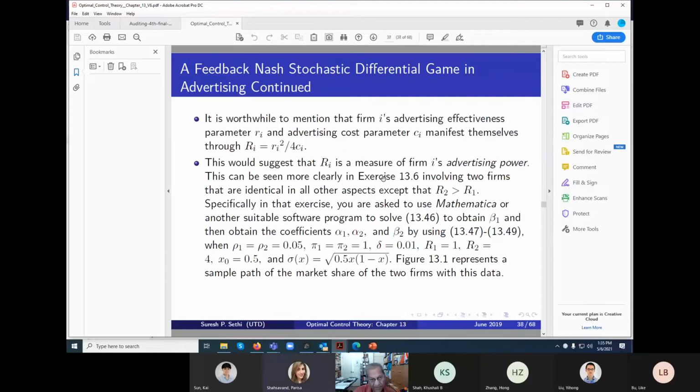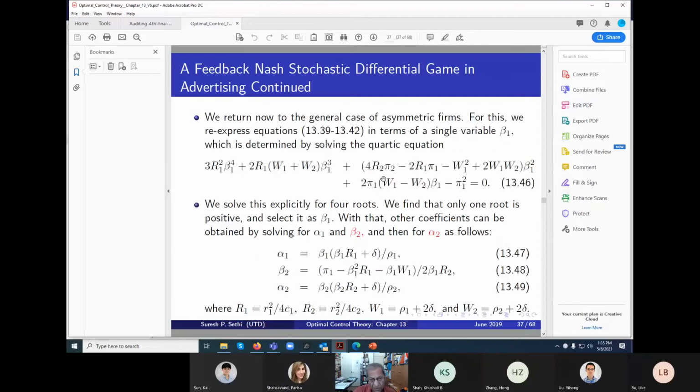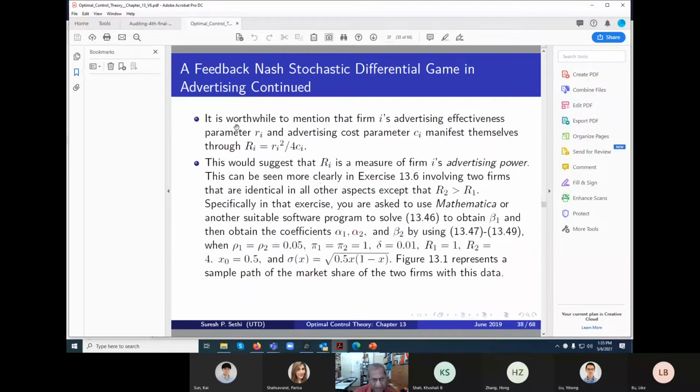Now that we have solved this problem, we can say something about what is going on. One of the important things we can say is this. We have this number called Ri, which is Ri squared divided by 4Ci. Suppose firm 1's R1 is bigger than R2, then firm 1 is more efficient, because its advertising is much better and more persuasive. Maybe it has better models than the other one.